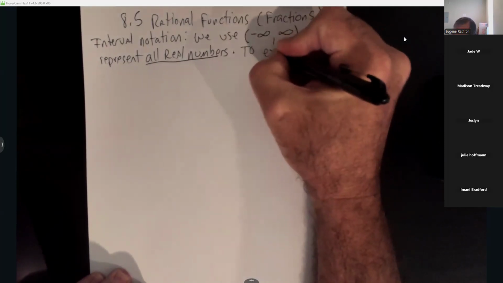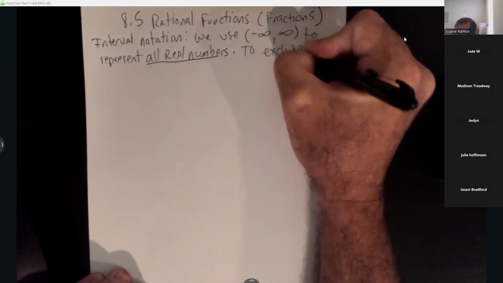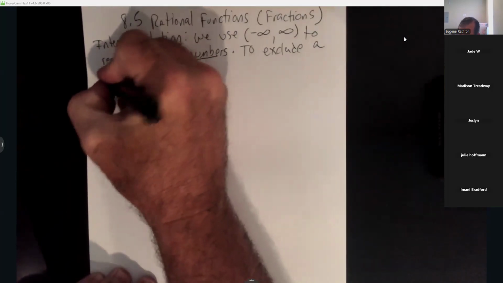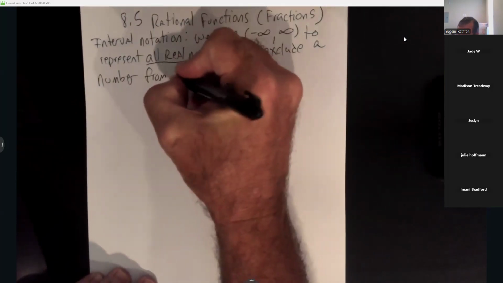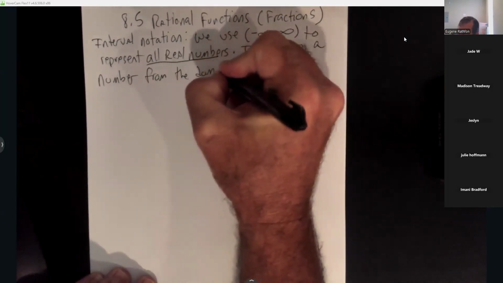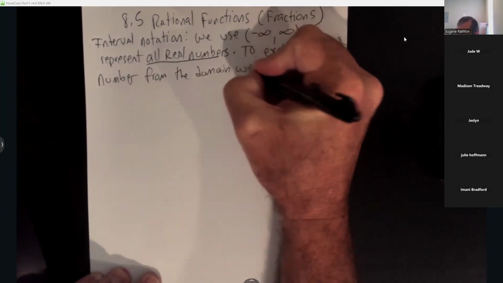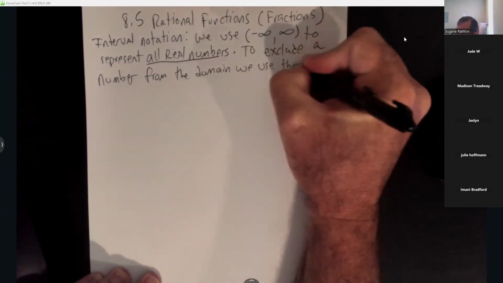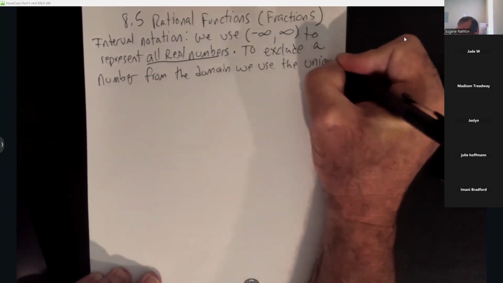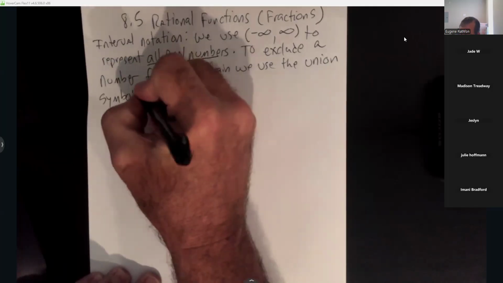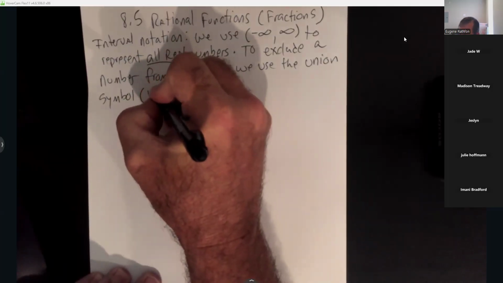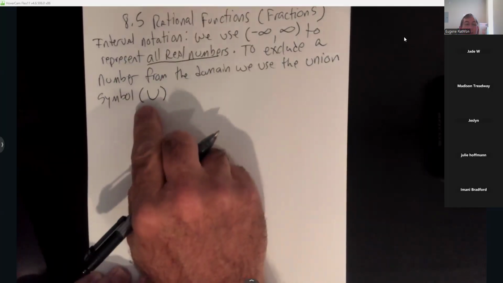Now, to exclude a number from the domain, we use the union symbol. And y'all, the union symbol looks like a U, okay?